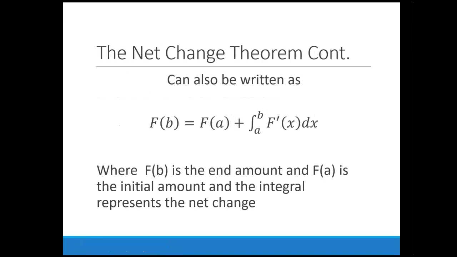We will often see this theorem written as f of b equals f of a plus the integral from a to b of f prime x dx. So you will often see it rewritten in the following way.